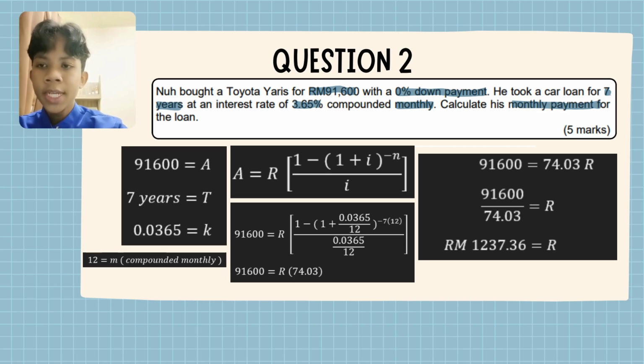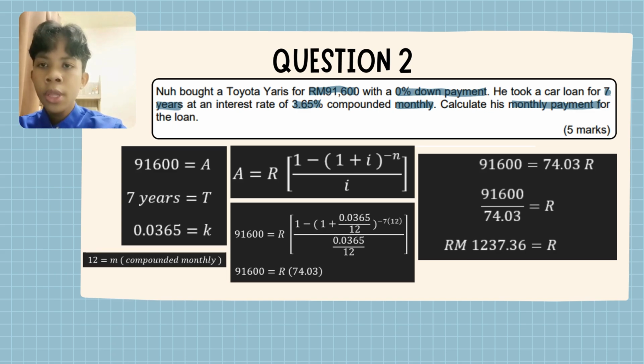Put all information in the formula and it will be 91,600 equal to R multiplied by the fraction, in the numerator of the fraction 1 minus open bracket 1 plus 0.0365 per 12 close bracket power of negative 7 times 12, in the denominator of the fraction is 0.0365 per 12. Then it will be 91,600 equal to R open bracket 74.03 close bracket.